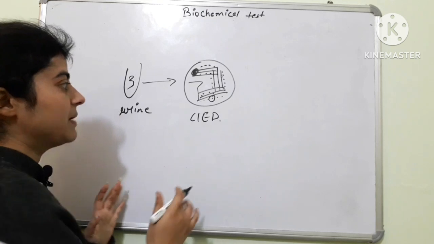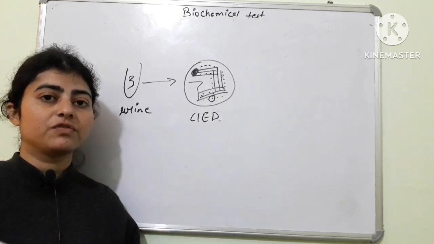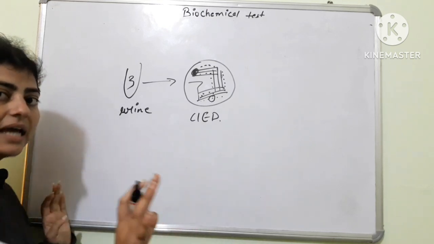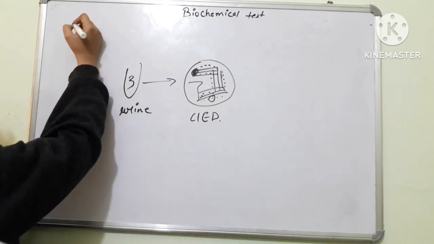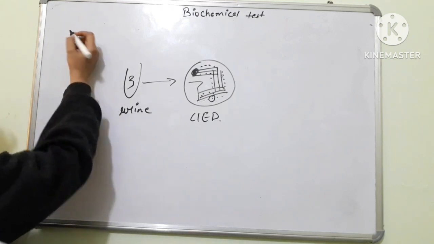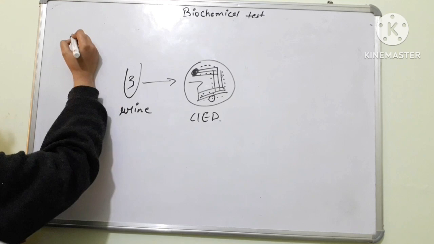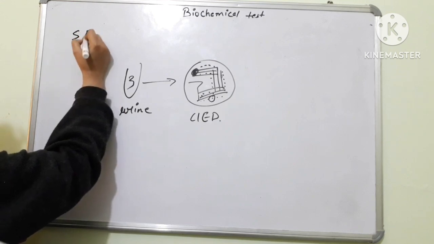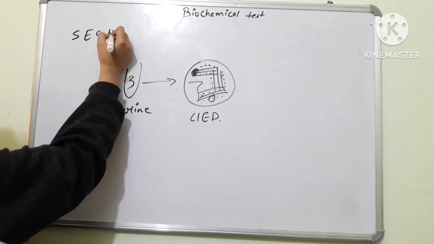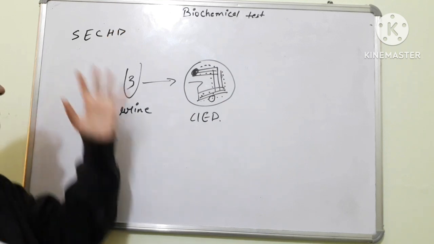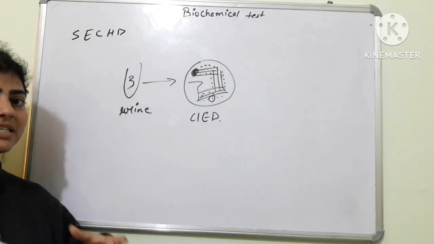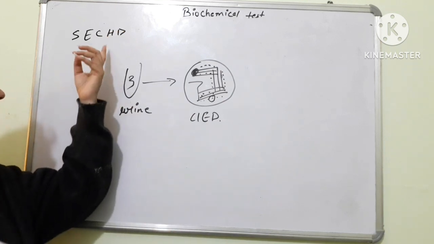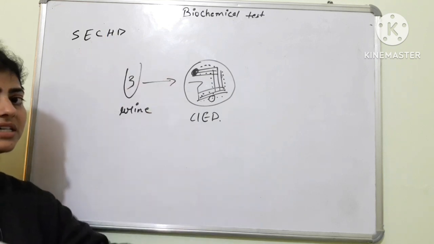These parameters are called the morphology of colony. It contains almost 9 parameters. There is one mnemonic, SAC HD. I remember it with the help of the second word, instead of N we use H, and that is the only difference.